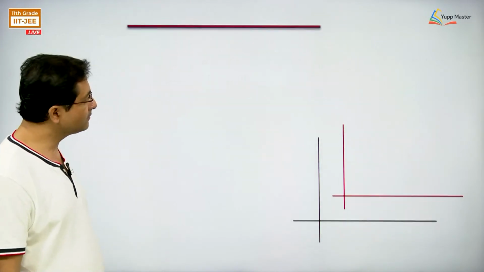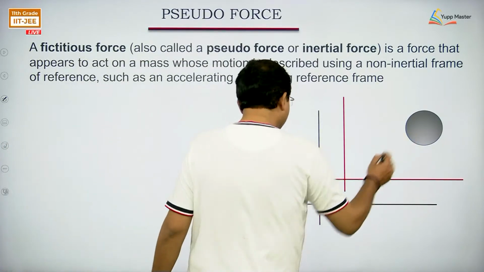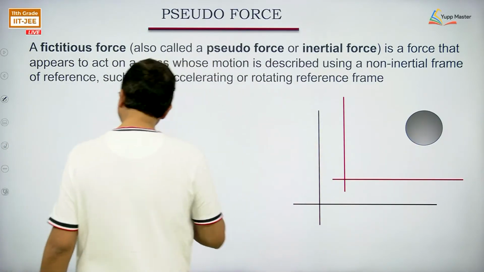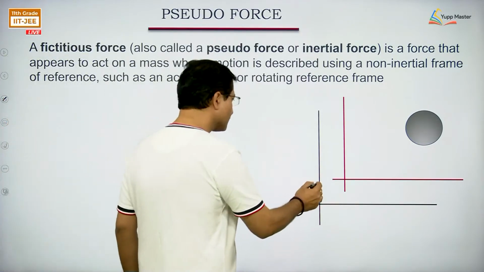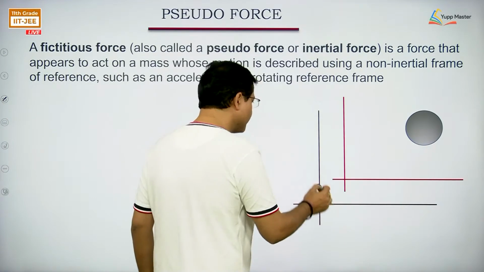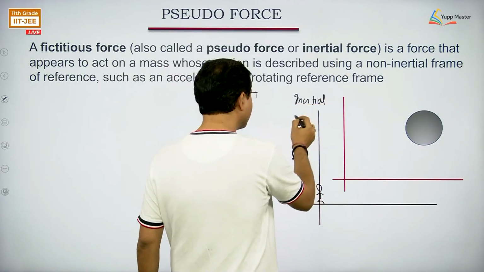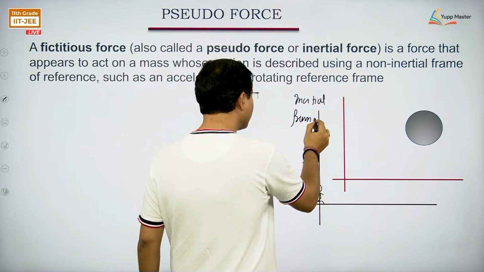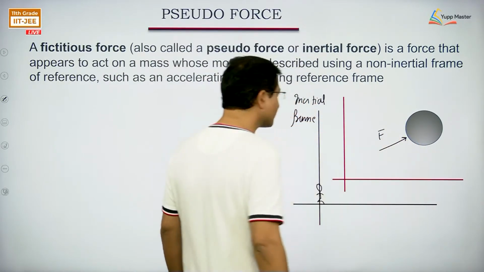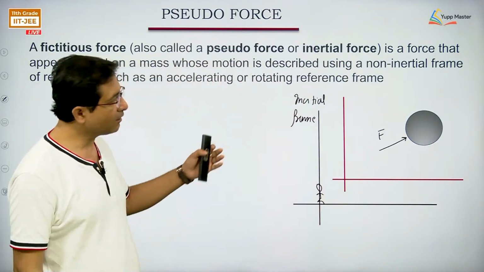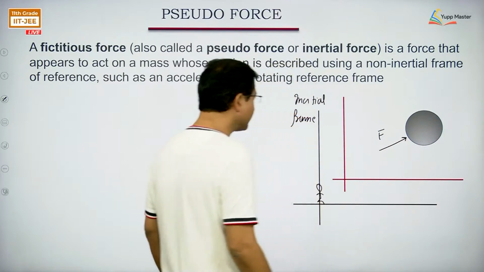So what we did, we took one body and we observed this body with respect to the inertial frame. With respect to this inertial frame, we observed that net force F is acting, and due to this force this body is accelerating, right?